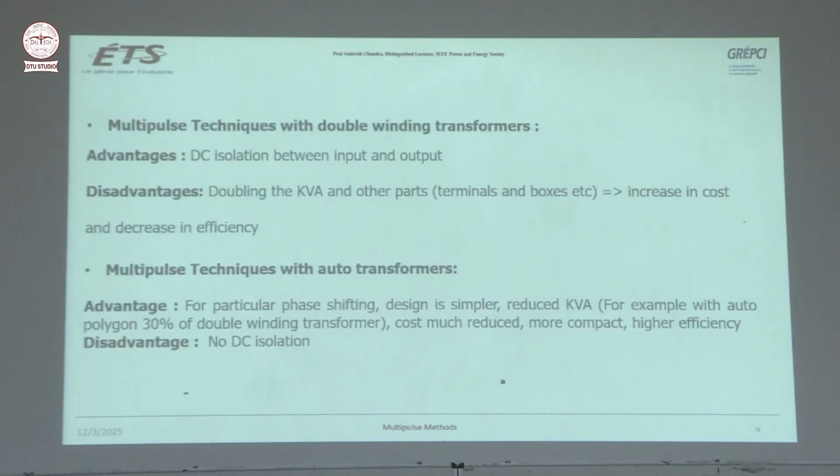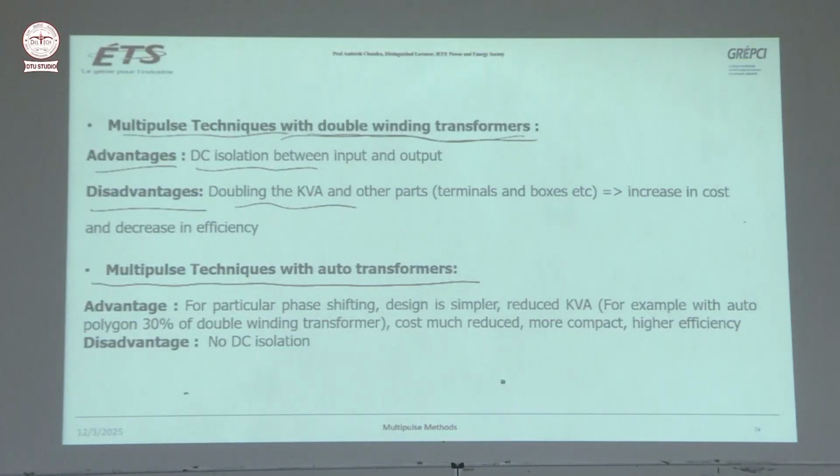So what actually, if you see the multipulse techniques with double winding transformer, and you have the option of multipulse technique with auto transformers. So what is the advantage of double winding transformer? That it has DC isolation between input and output, right? And what is the disadvantage? You have doubling of the kVA and other parts.